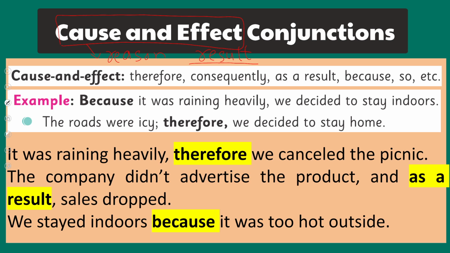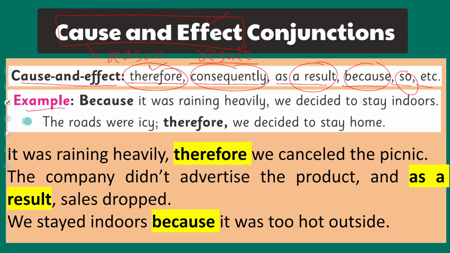The reason is what we call the cause that leads to an action, a result, and that result is the effect. So they are interlinked and very much connected. So for cause and effect, we have conjunctions or transitional devices like therefore, consequently, as a result, because, so, etc. All these words are showing us cause and effect.